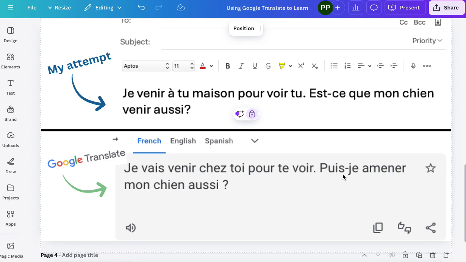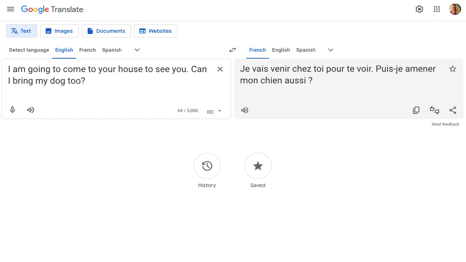And so let's put, puis-je amener mon chien aussi? So I got aussi. Amener must mean to bring, because in my writing I put, can I bring amener? So I've just learned that bring is amener. So that's good to know.